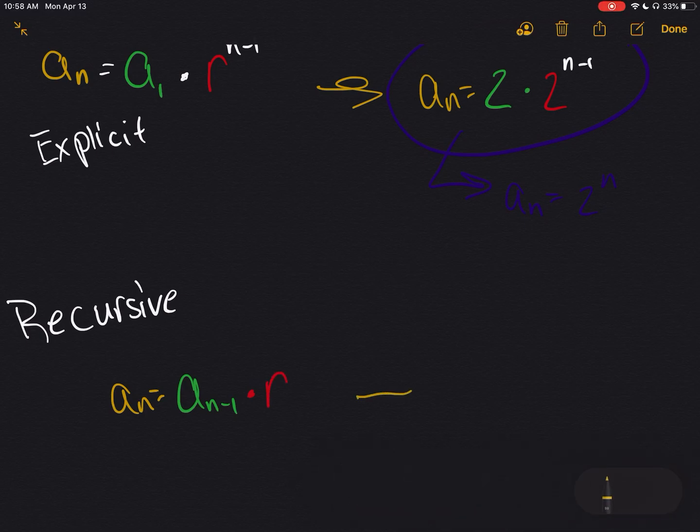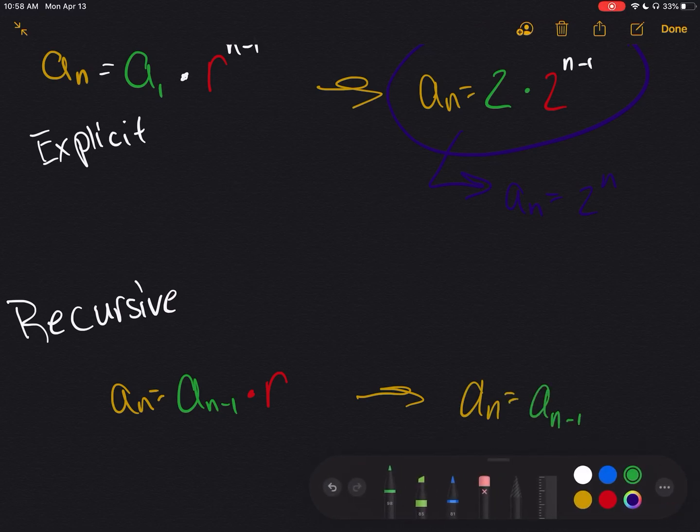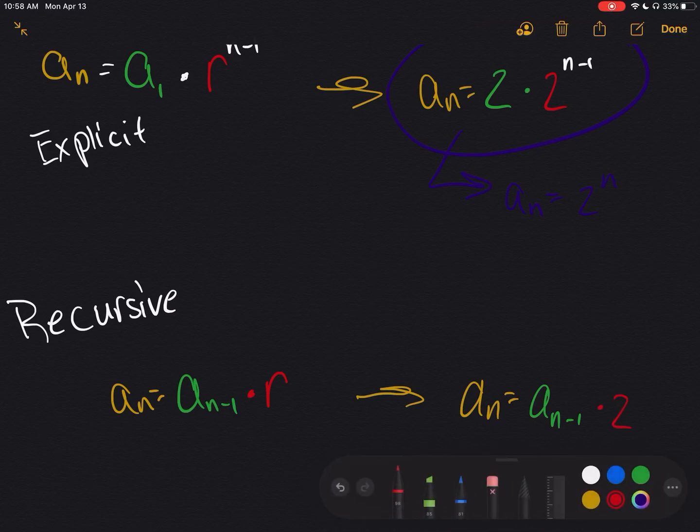So in this specific example, we would take the n minus 1 term and multiply it by 2. And that would be our recursive formula for this sequence.